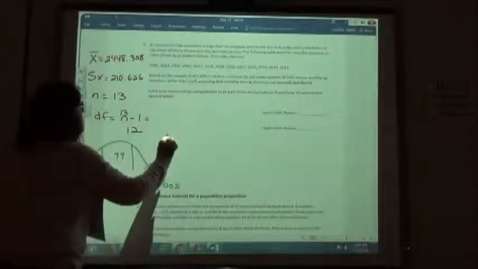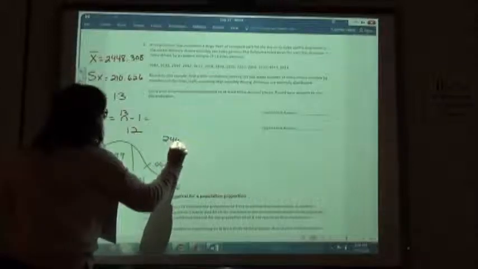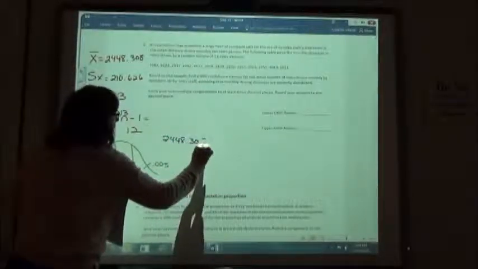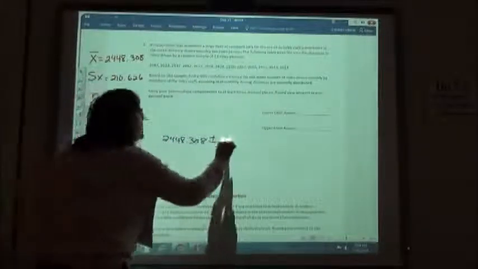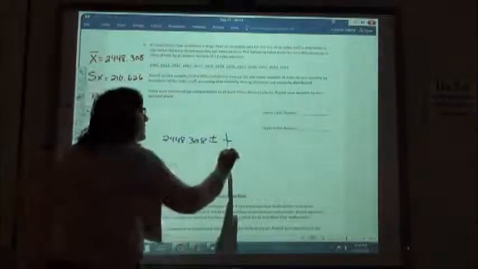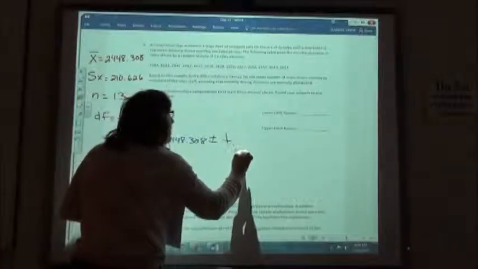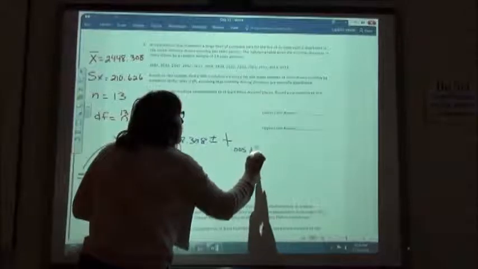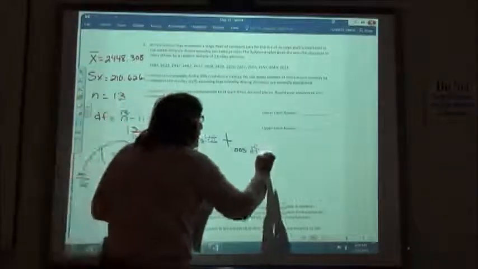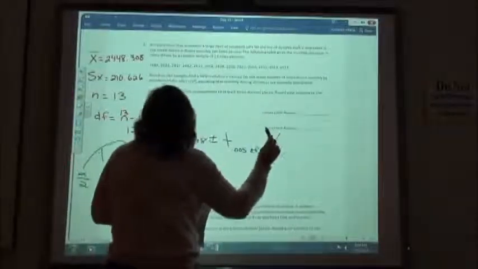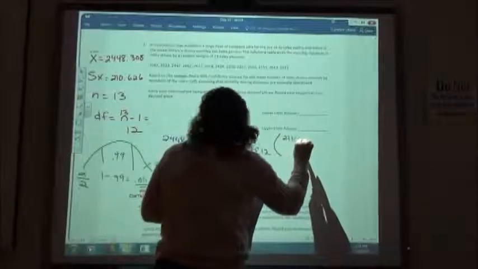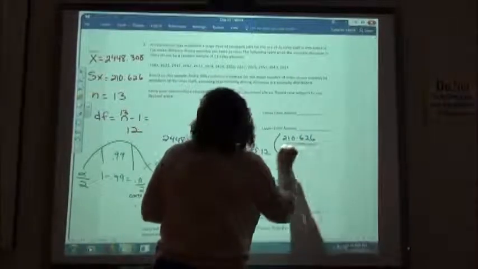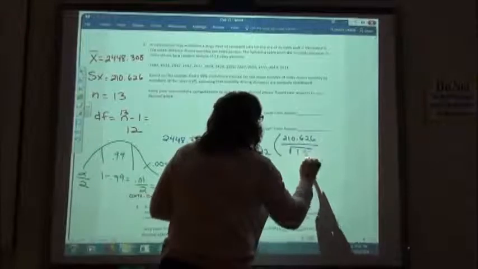We're going to have 2448.308 plus or minus t sub 0.005, df 12, times 210.626 over the square root of 13. Exactly.